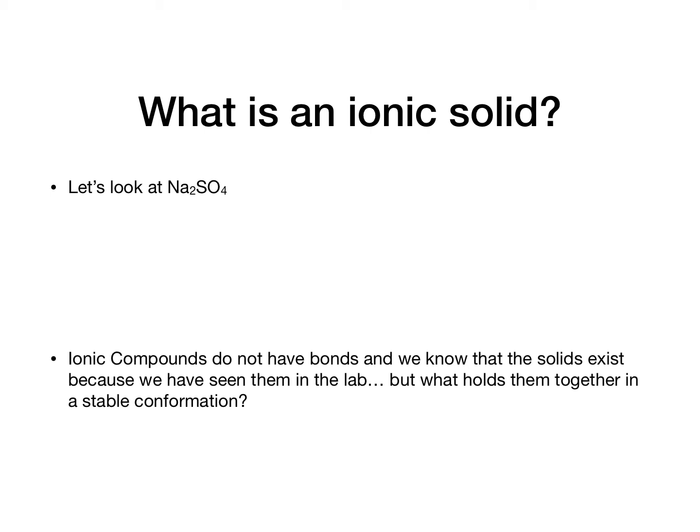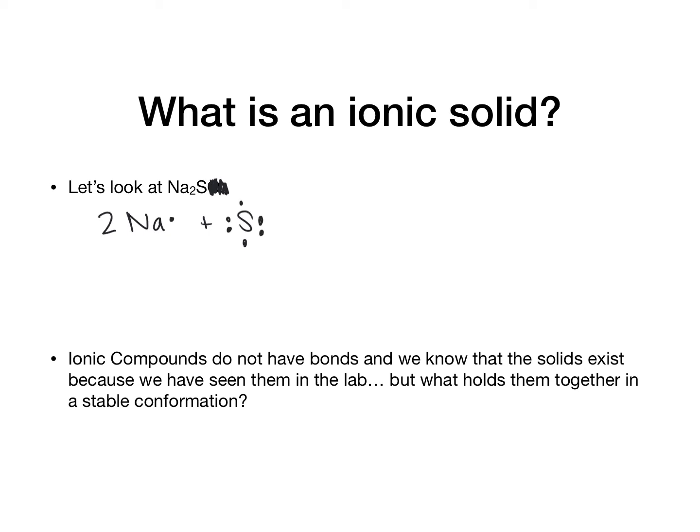So, ionic compounds and ionic solids. We know they exist, and we're going to think about how they work. Instead of sodium sulfate, which is a little more complicated at this juncture, let's look at sodium sulfide. We have Na2S, with 2 sodium ions plus a single sulfur.